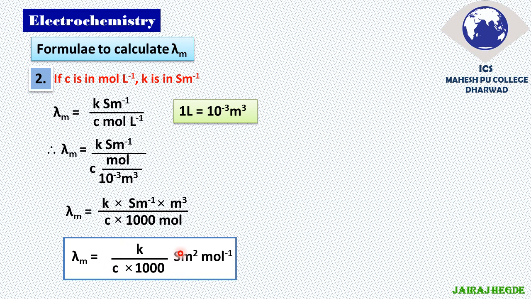Remember a point here: if it is in terms of centimeter, the 1000 comes in the numerator. If we have taken it in terms of meter, 1000 will come in the denominator.